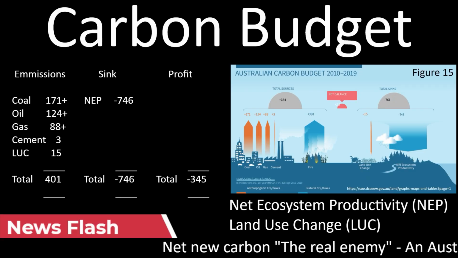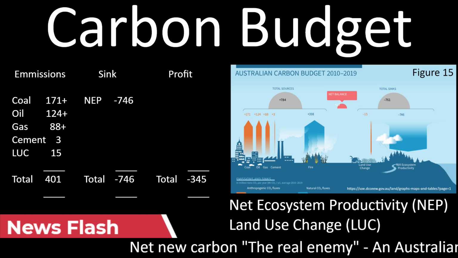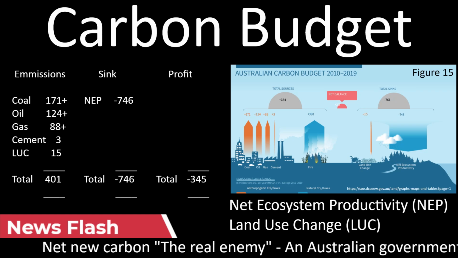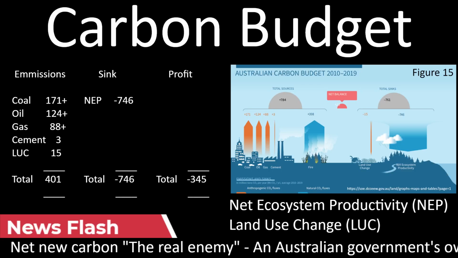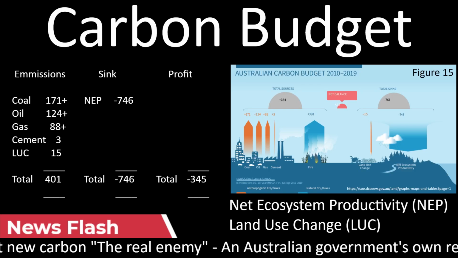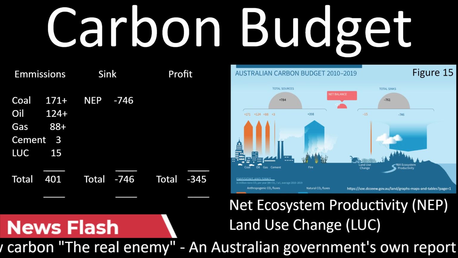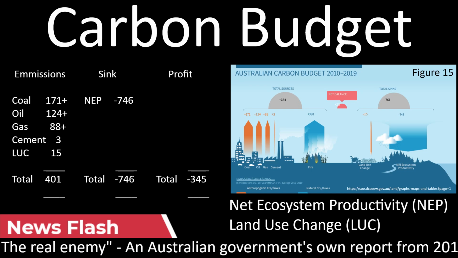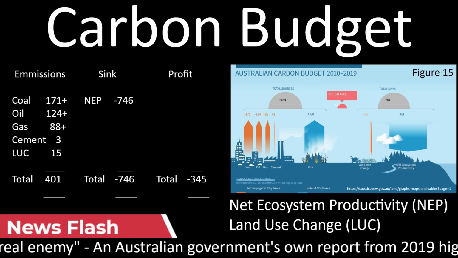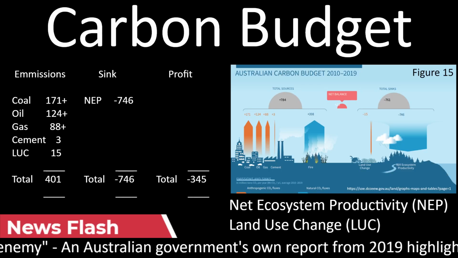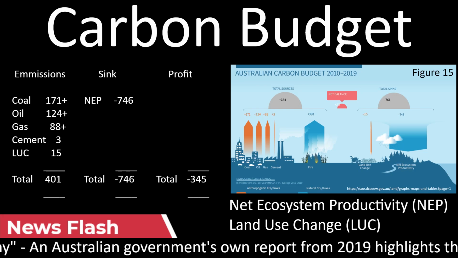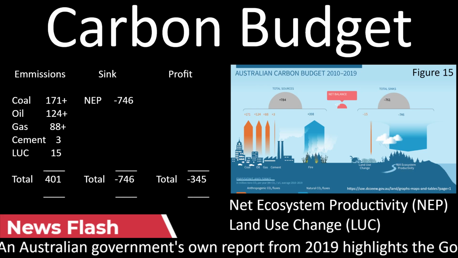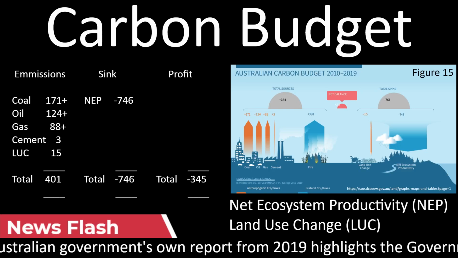So, the emissions in that orange colour of coal, oil and gas and cement, and also the land usage change, that is the positive and negative amount of change in our land usage, that is by farming, and that's counted as a minus 15 million metric tons.